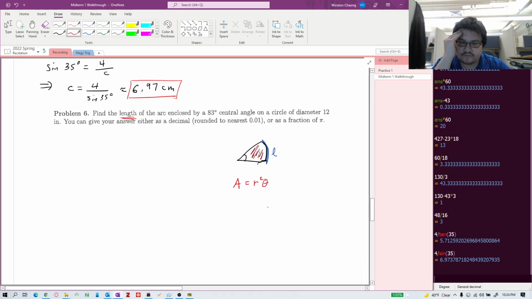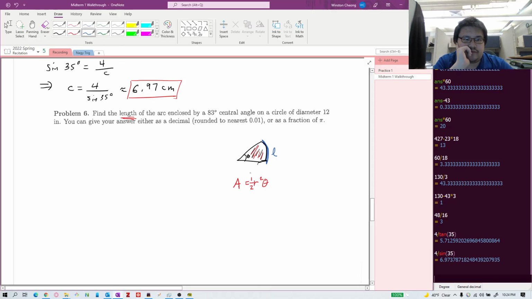For a full circle, we have 2 pi as our theta, but pi r squared is supposed to be the area of a circle, so we need a one half factor in front. Okay, so this is the formula for the area of a sector, where this is our theta.